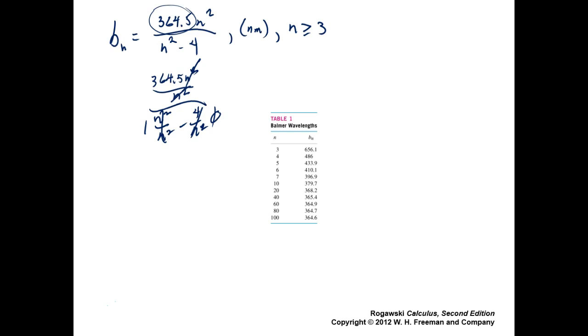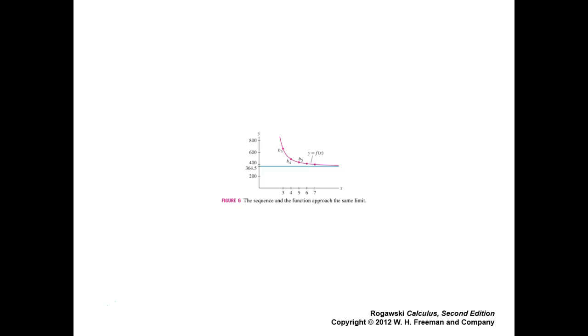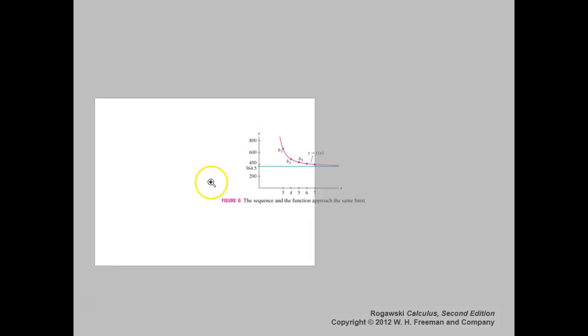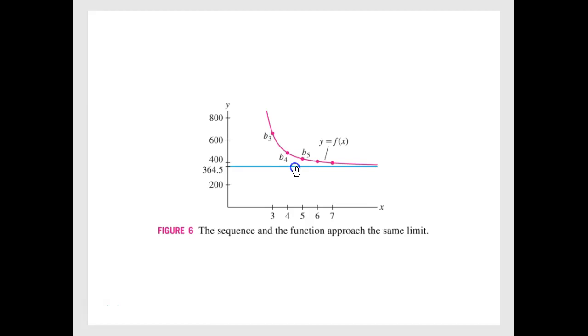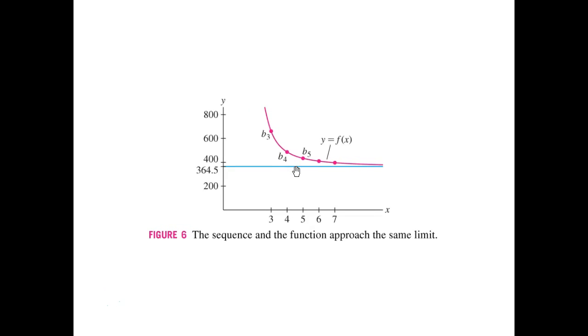All right. Now, just a couple more slides here. Here is doing that very thing graphically, taking those values we just had. When n is equal to 3, you're up here in the 600, and what was it? 656.1. I guess that's about right.